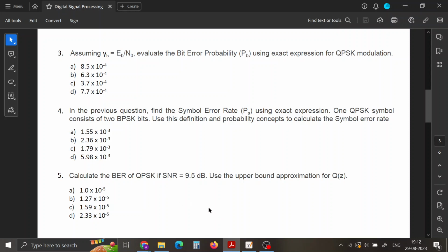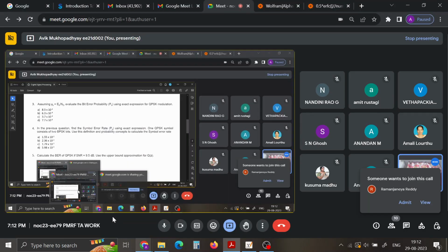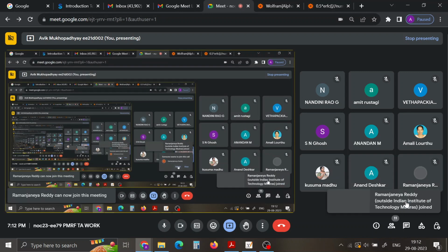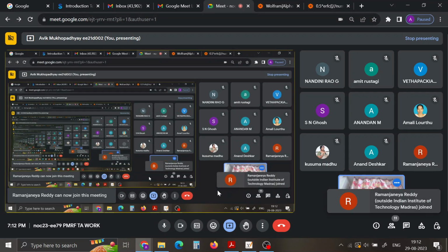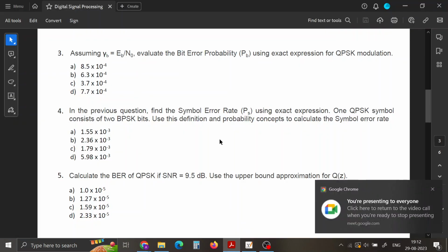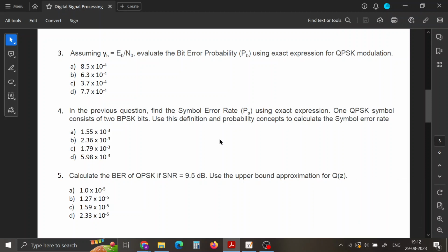Now the fifth one. Now in the fifth one we need to find the bit error rate for QPSK. SNR is given to be 9.5 dB.